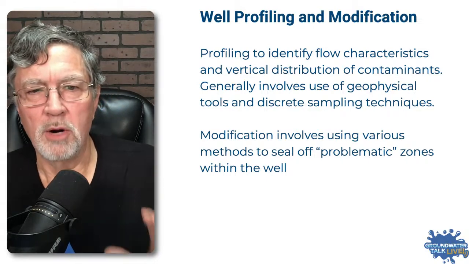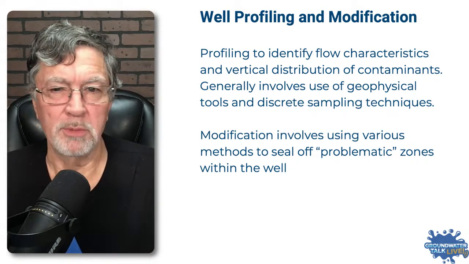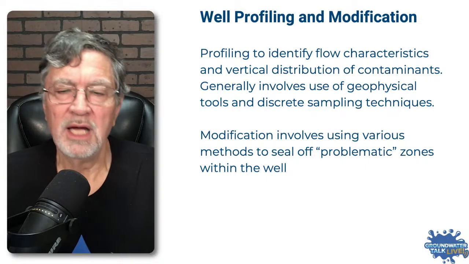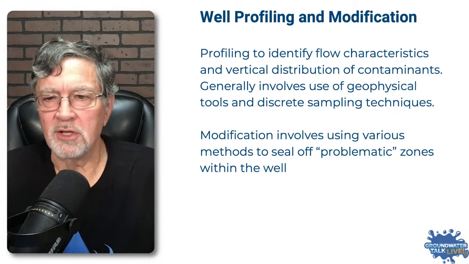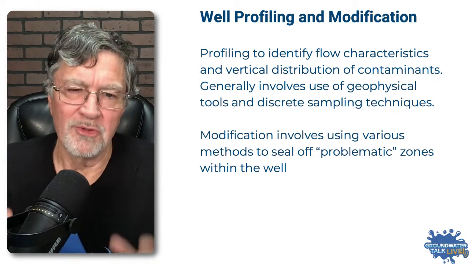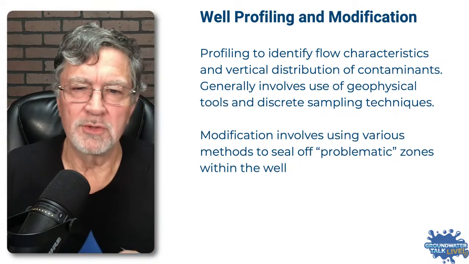Once we've done our well profiling, we're going to come up with a plan to modify the well. That's going to involve various techniques and methods to seal off the problematic zones, or those zones where we're getting high levels of contaminants coming into the wells.